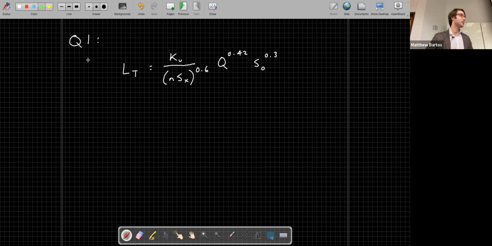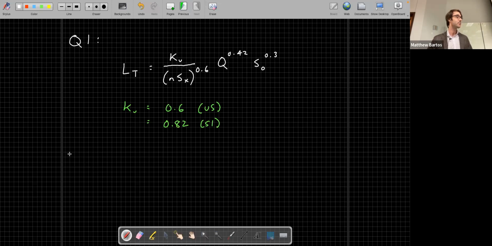Note here that KU is equal to 0.6 in US units, and 0.82 for SI units. Again, this equation comes from a large number of empirical studies, but it is the equation you would use, for instance, if you were a stormwater engineer in Austin designing a curb inlet.